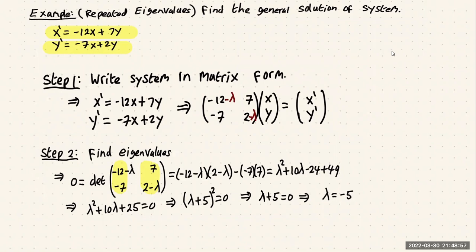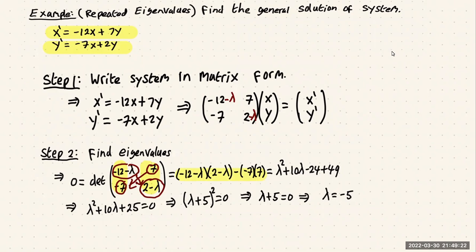Okay, so taking the determinant of the matrix, we're going to go negative 12 minus lambda times 2 minus lambda. Then we're going to go 7 times minus 7, with a minus down there. And that's how I got this guy here.